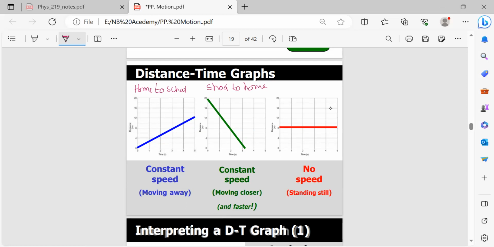So on a distance time graph, if the graph is moving downward, it means that the body is returning back to the original point. And this represents the body at rest or stationary. So no speed. The speed here is zero. The body is standing still. The body is not moving.